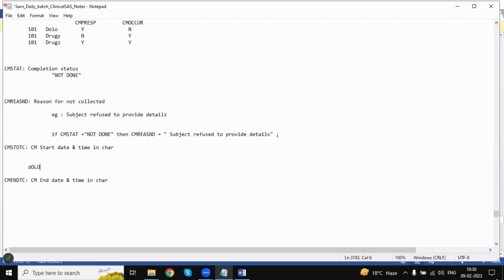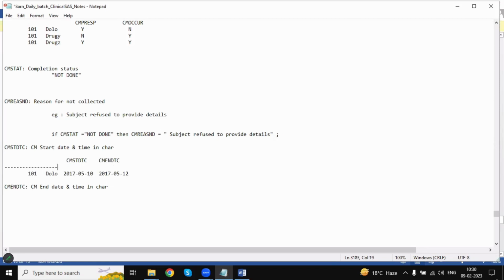So for the fever, subject 101 took some Dolo tablet. For example, he took the tablet for 2 days. The starting date is going to be CMSTDTC, and this is going to be your end date.